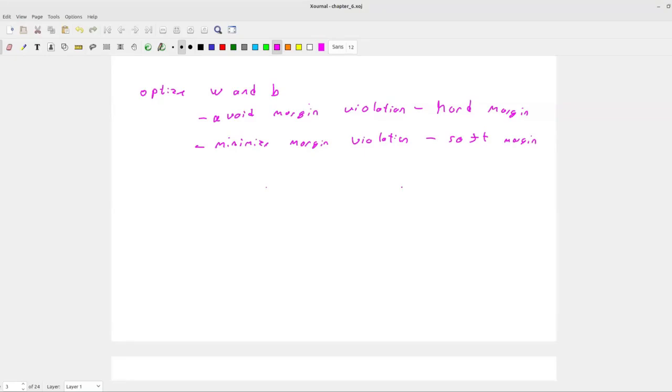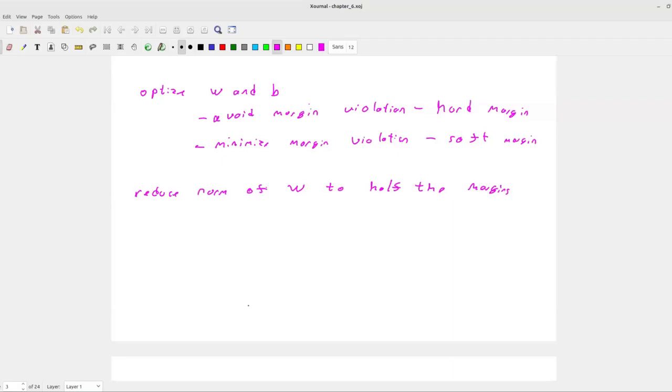So what we want to do is reduce the norm of our W to widen the margin.